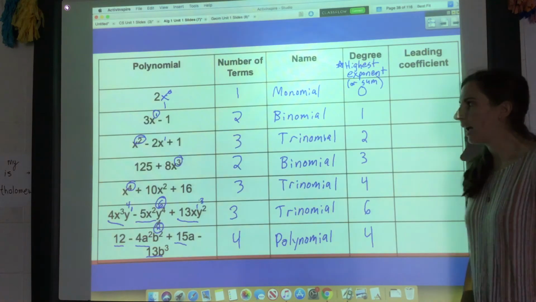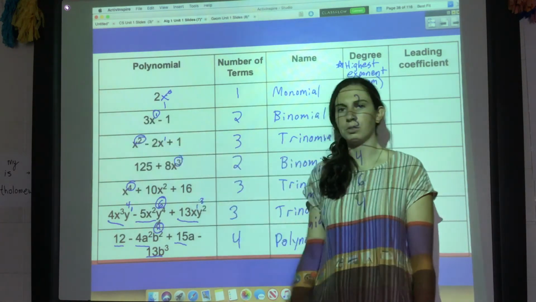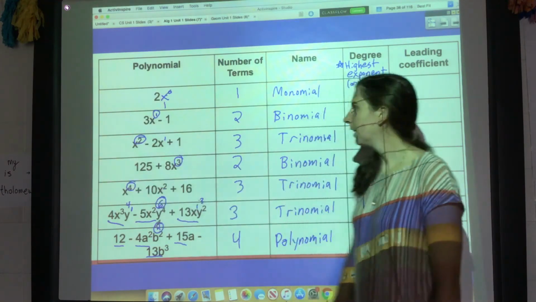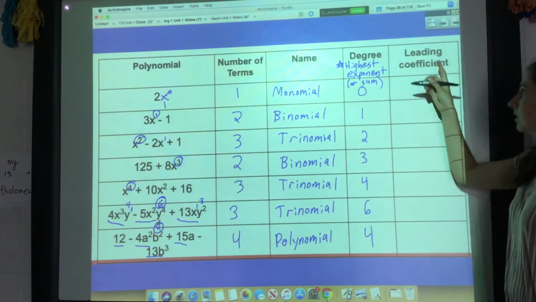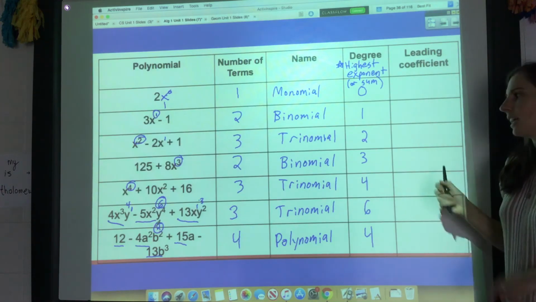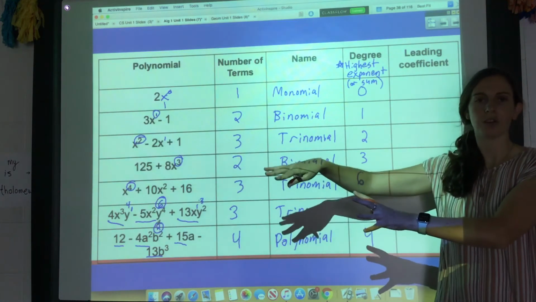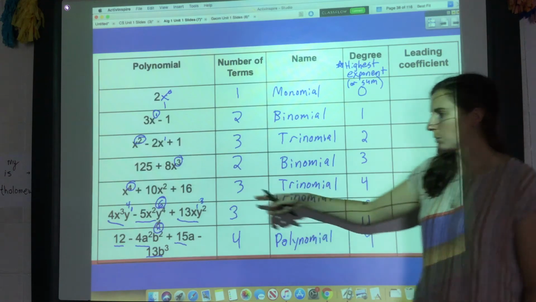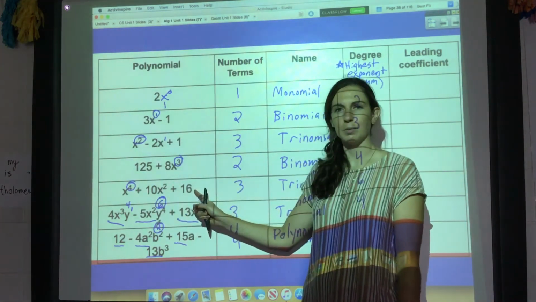So for example, I could say this is a trinomial with degree 2, or this is a trinomial of degree 4. And then the leading coefficient is exactly what it sounds like. It's the coefficient that is leading. And it's only leading if you have your polynomial written in order. So highest exponent goes first, and then you decrease from there. For example, on this one, see how my highest exponent was written first, and then I went down from there?